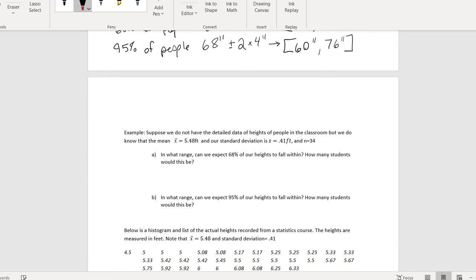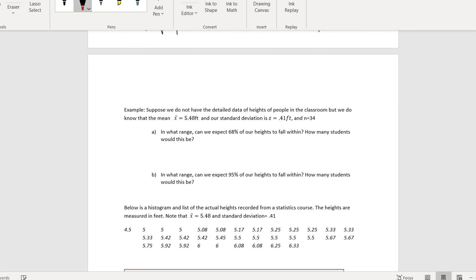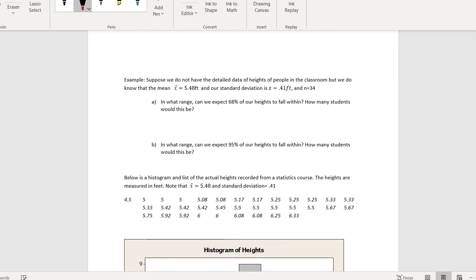All right, so let's look at an example. Let's say that we don't have the detailed data for the heights of people in a classroom, but we do know that the average height was 5.48 feet and our standard deviation was 0.41. And we had 34 students in this class. So what range can we expect 68% of our students to fall within, and how many students would that be in our classroom?